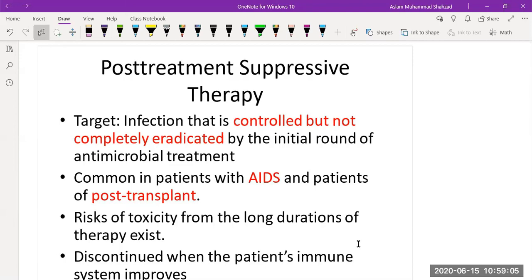So post treatment suppressive therapy could be given in patients that have long-term diseases like AIDS, or patients post-transplant.